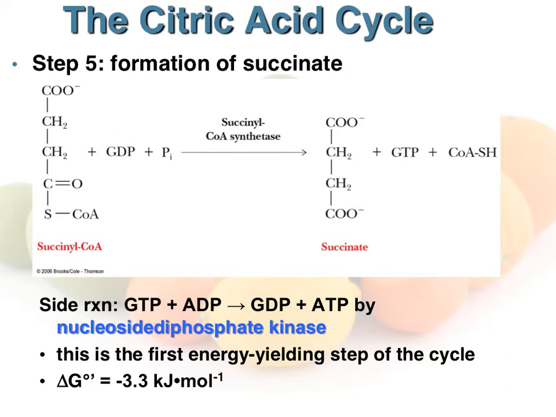This is the first time you get energy directly from the citric acid cycle. All the other times you made NADH, but we never made something energetic. So, what exactly makes these checkpoints? This one's not reversible, but it's not a checkpoint, because checkpoints are not always due to reversibility.